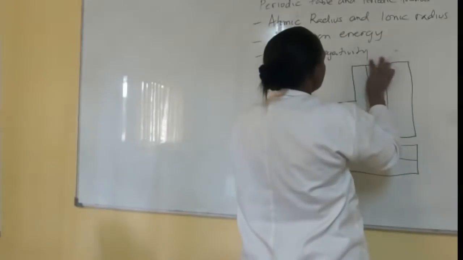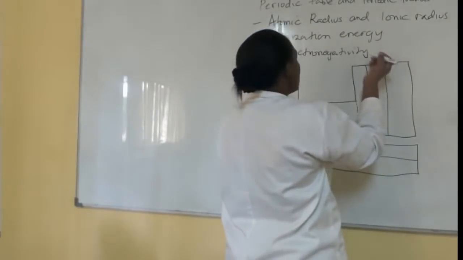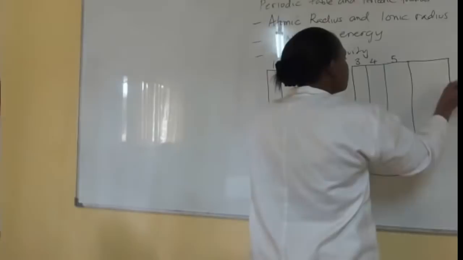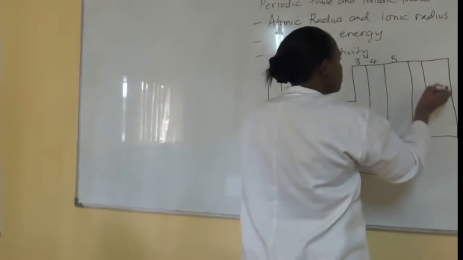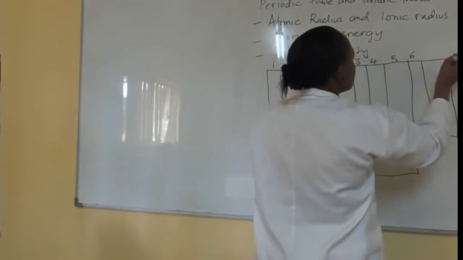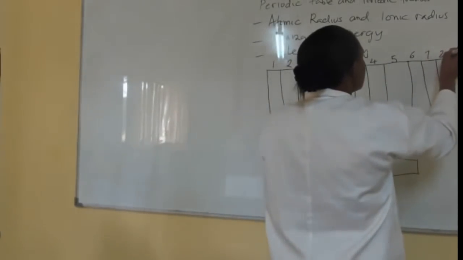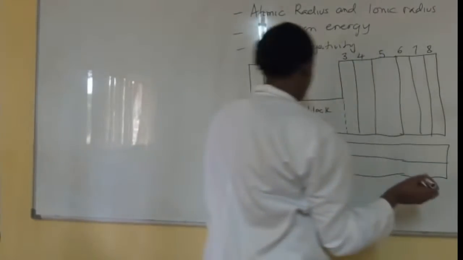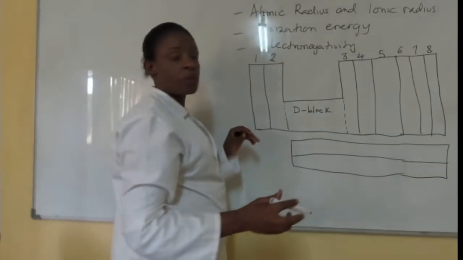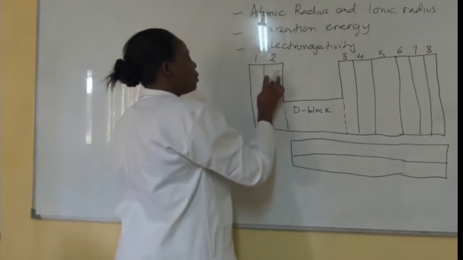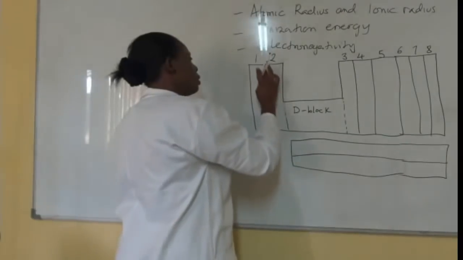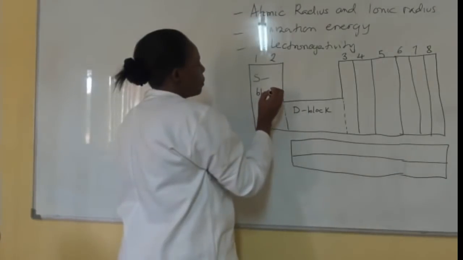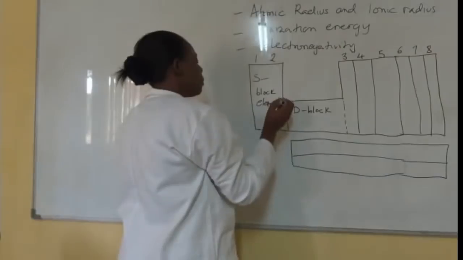So we have then 8. Okay? So you know that this is really just S block elements. Why?